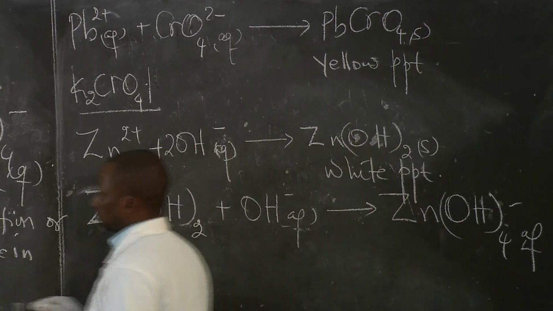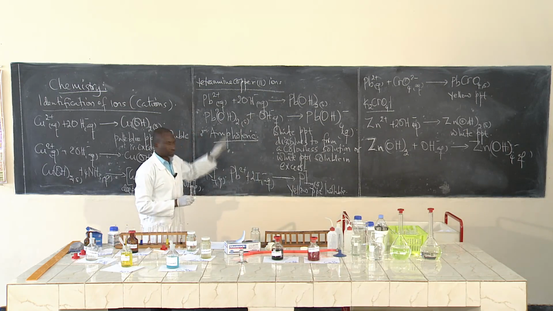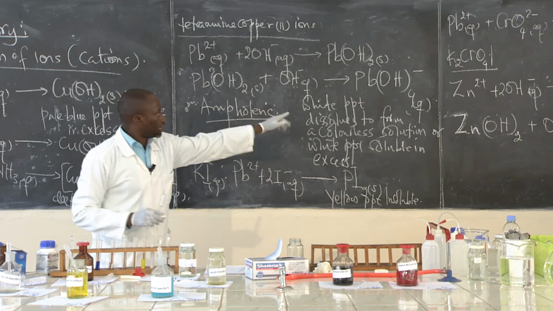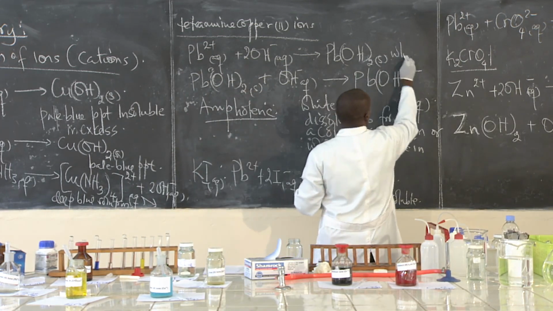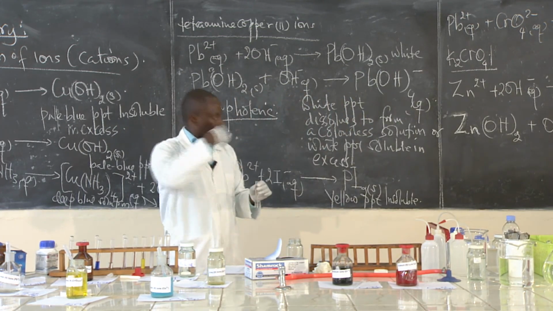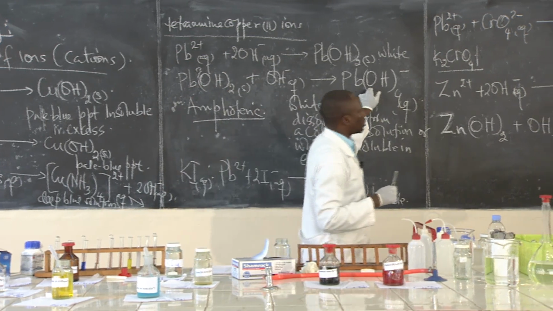If you look at this, there is some similarity with lead. White precipitate formed. This was the white precipitate, if you remember. Then the white precipitate dissolves in excess, like this one, to form this compound.